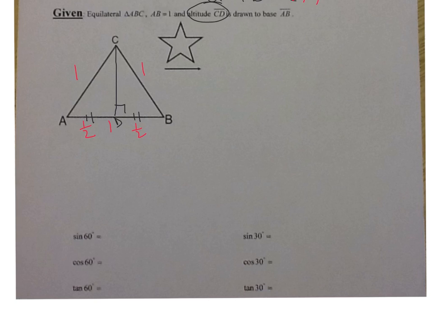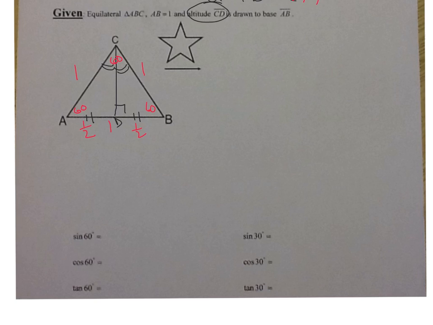Now also, since you have an altitude in an equilateral triangle, not only does it bisect the base, it is also an angle bisector, so it bisects angle C. So therefore, this angle here is equal to this angle there. So now in an equilateral triangle, all the angles are equal to 60 degrees.